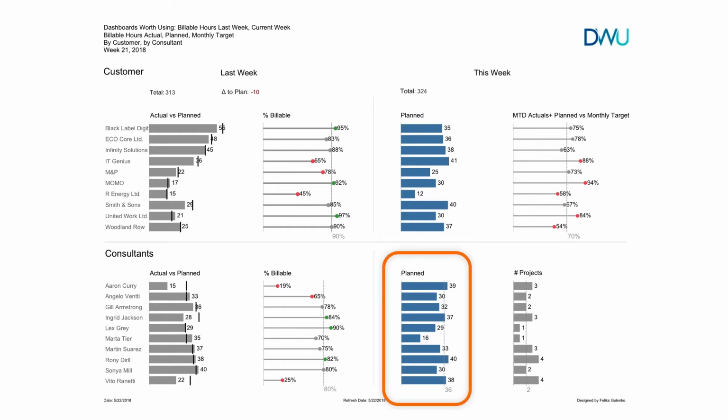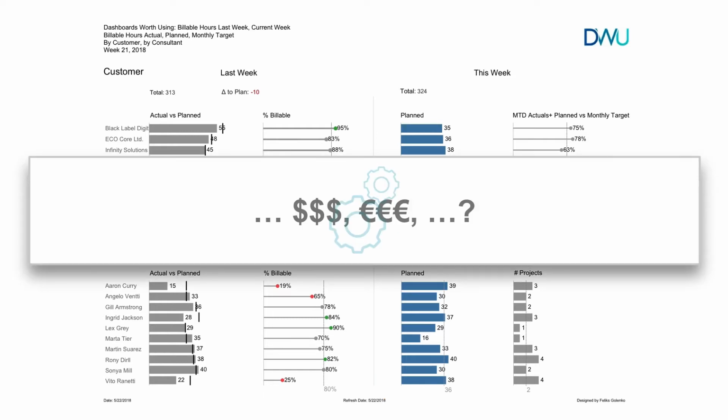And at the same time, you could proactively make sure every Monday that all of your resources are properly utilized this week. Now, how much in dollars or euros or whatever your currency is would this mean for your business? Let me tell you, for one of my businesses, with currently 10 consultants serving approximately 5 to 7 customers per month, it means for us 3,000 to 5,000 euro a month.